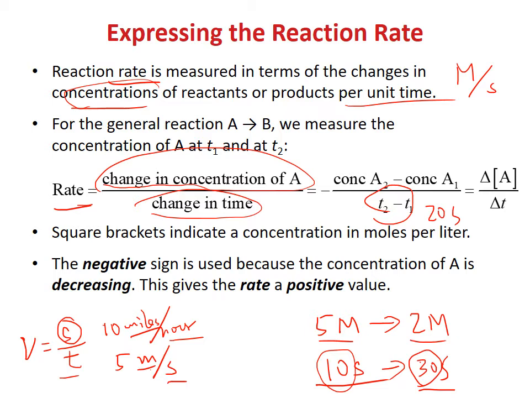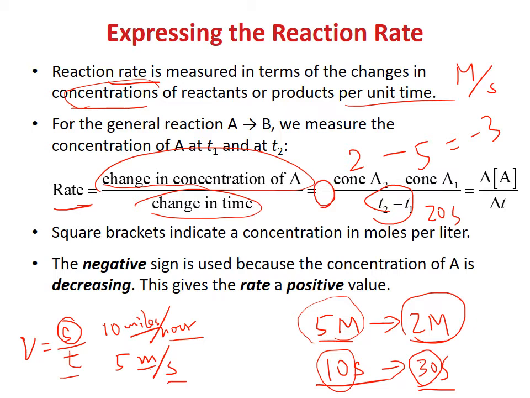So that's how much time it takes for the reaction to consume concentration from 5 to 2. And what is the change in concentration? It's the final, 2, minus 5. And 2 minus 5 is negative 3. So in order for the reaction rate to be positive, we add a negative sign here.